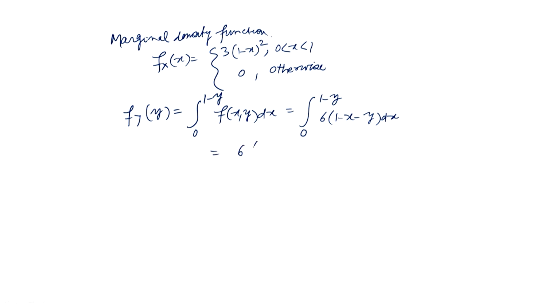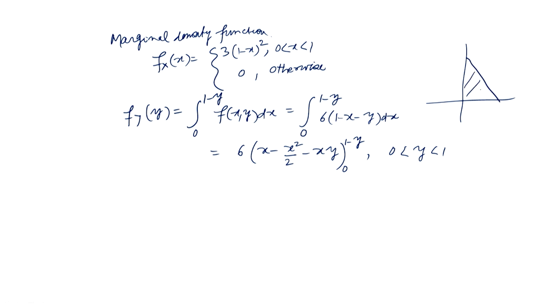We will have the integral as 6 times (x minus x square by 2, minus x into y), and the limits are 0 to 1 minus y, and the values of y vary from 0 to 1, because we have this region and we are taking a horizontal strip in this region. So, y is fixed here, y varies from 0 to 1.